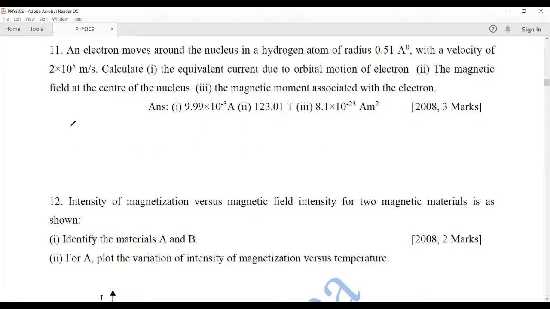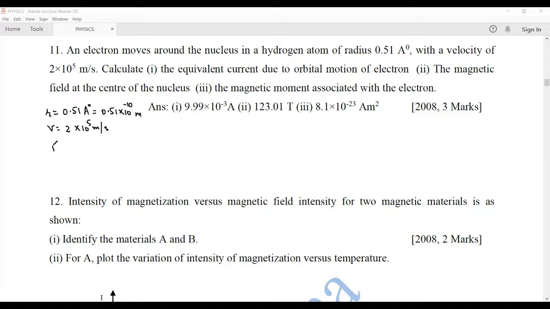Question number 11. An electron moves around the nucleus in a hydrogen atom of radius 0.51 angstrom, which we know is equal to 0.51 × 10^-10 meters, with a velocity of 2 × 10^5 meters per second.